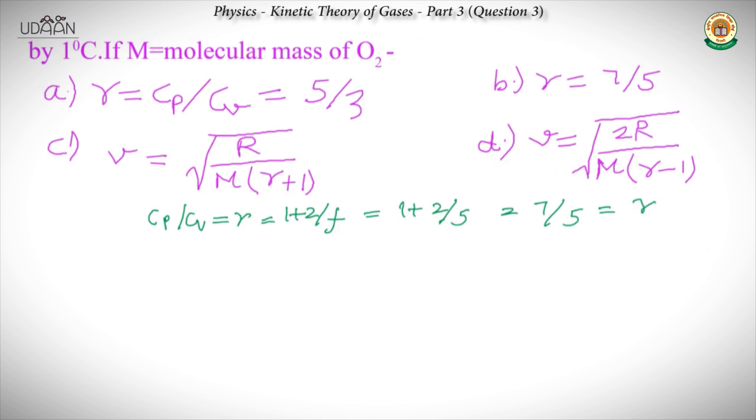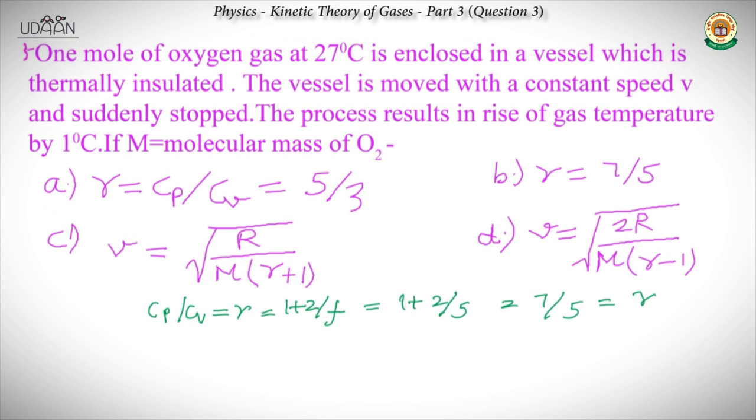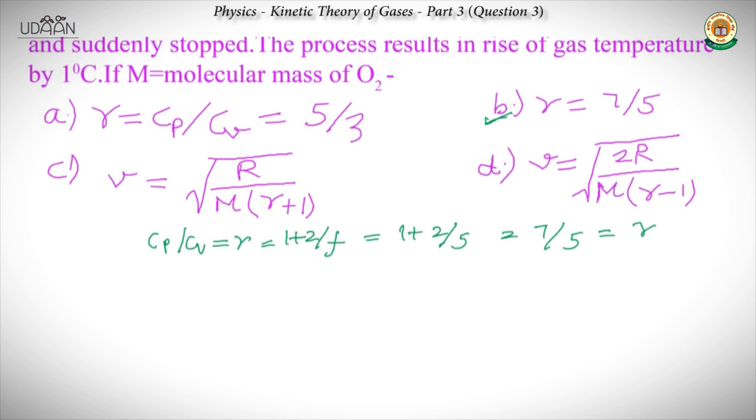Now the next part is what may be confusing. We found the first part of our solution, so B is one answer. B is the right answer. Now we have to find v. The vessel is moved with a constant speed v and suddenly stopped.